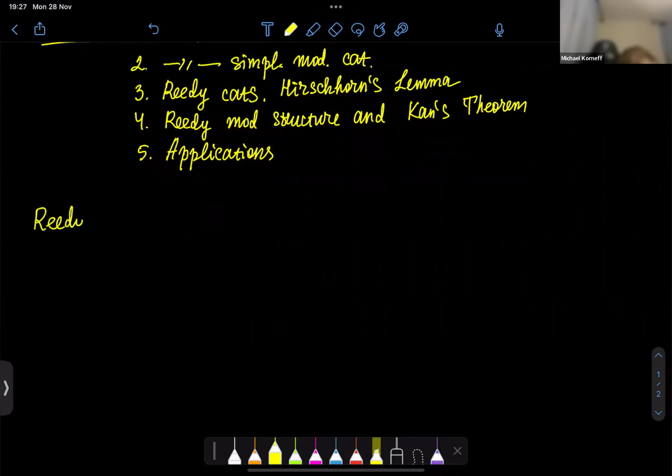Reedy. And now I'll give some example. Suppose we have the following filtration by skeletons.